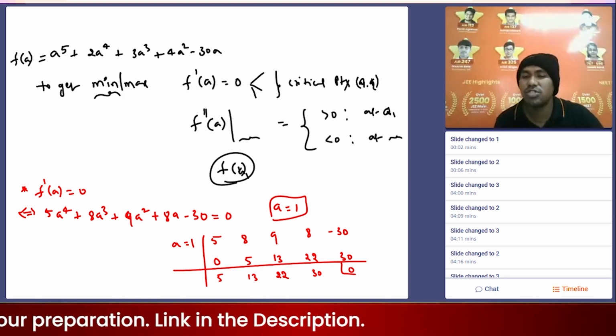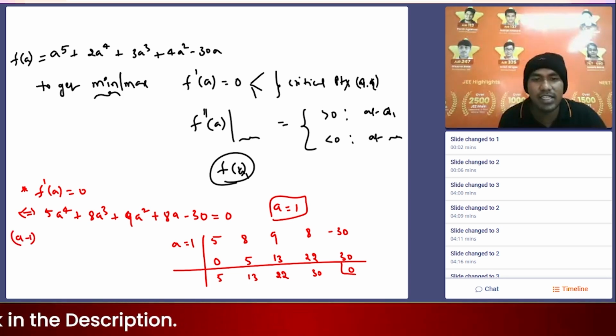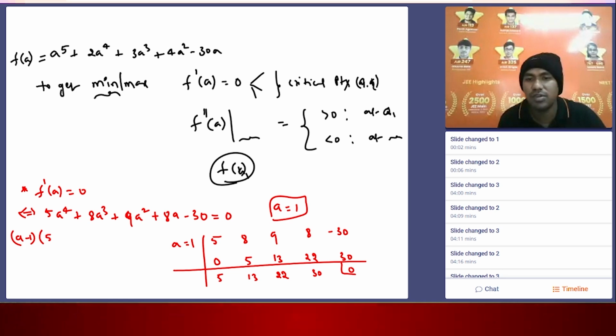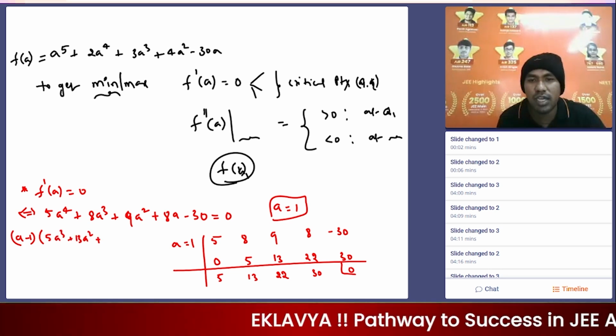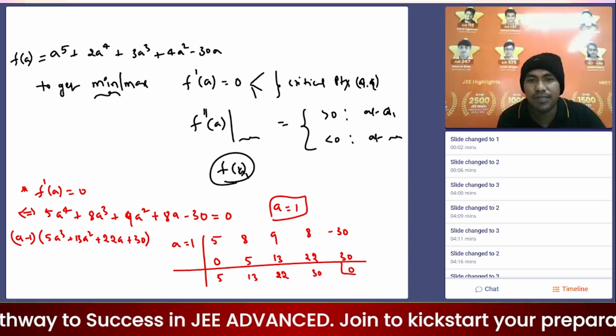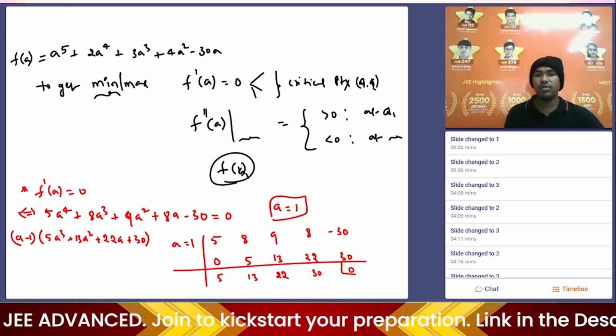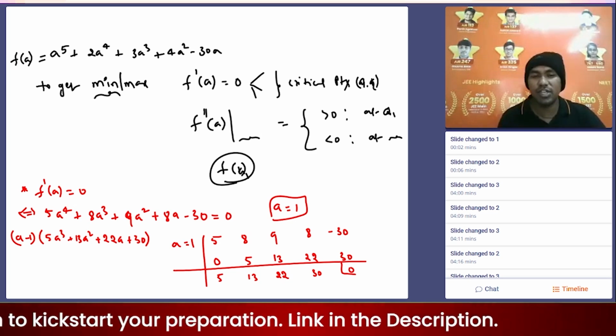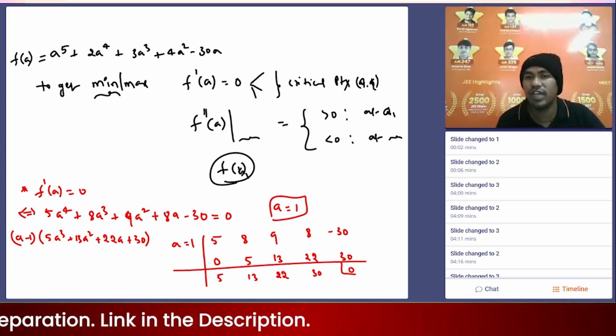That means I can write this equation as (a - 1)(5a^3 + 13a^2 + 22a + 30). If you multiply these two, again this equation only we get.